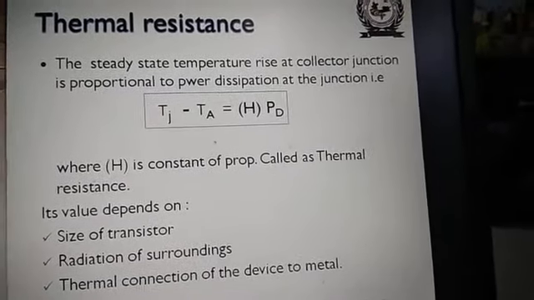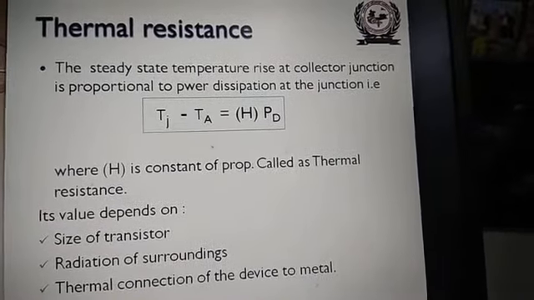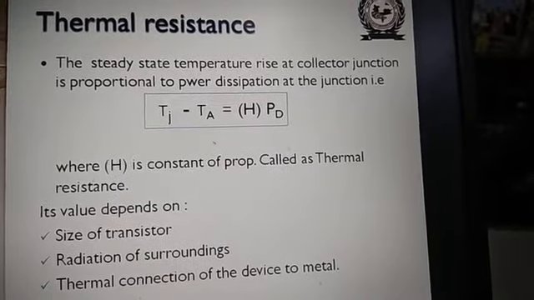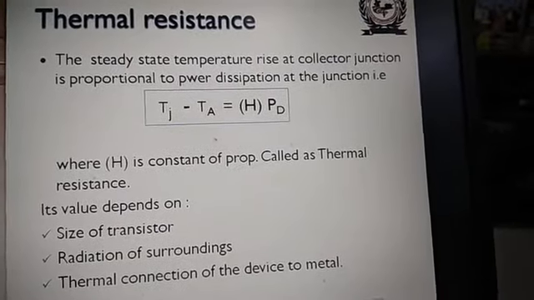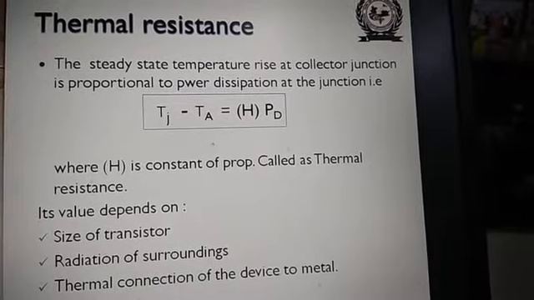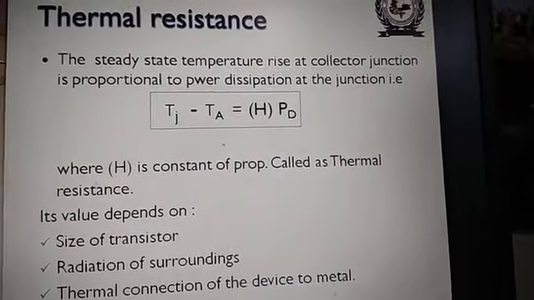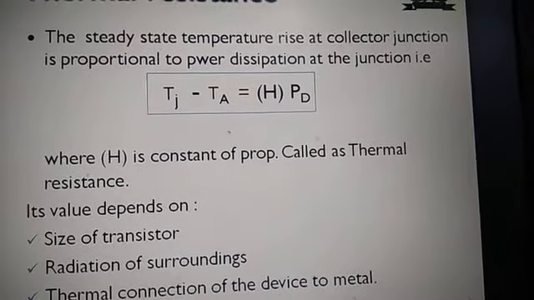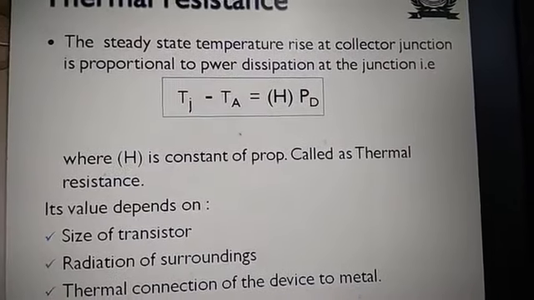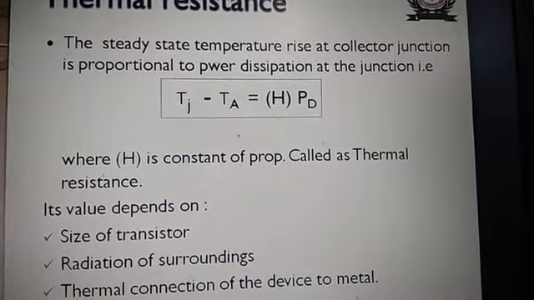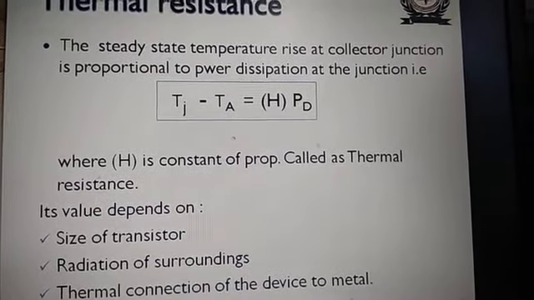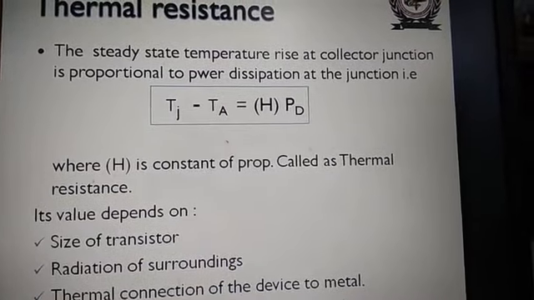The steady state temperature rise at the collector junction is proportional to the power dissipation. This is the mathematical way to show the thermal runaway. Here power dissipation is shown. Tj minus Ta is equal to H times Pd. Pd is the power dissipation, heat.